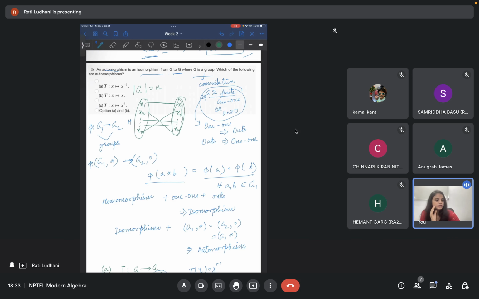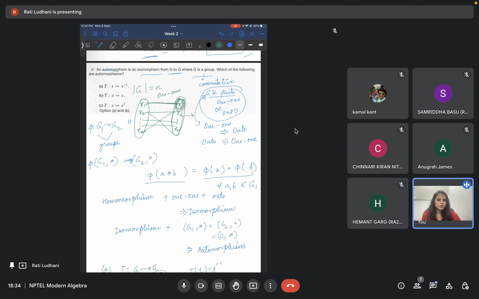That means every element here in the range has a single pre-image, only one element has been mapped to that element. So what does that mean? You have exactly n elements here, and they have been mapped to different elements, so they have been mapped to n elements, right?